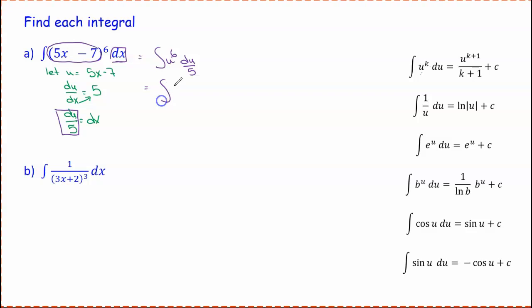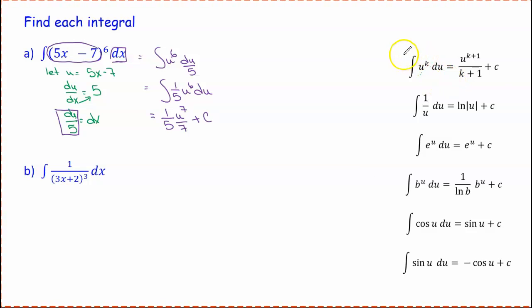This means I have 1/5 u to the 6th du. All that's required now is I have my coefficient 1/5. I'm going to add a degree to u, so u to the 6 becomes u to the 7, and now I'm going to divide off the 7. And I will always add plus c because I don't know if there was a constant or not.